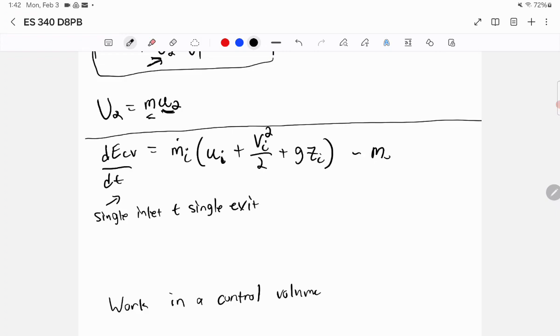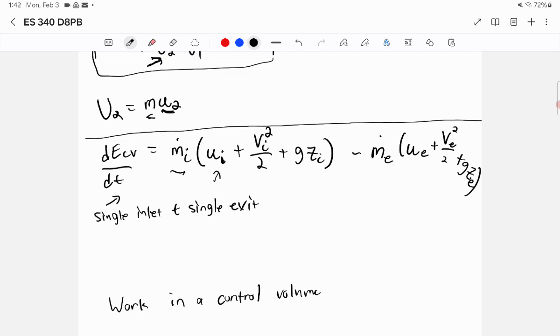Minus me dot times (ue plus ve squared over 2 plus g ze). Okay, so this is mass that's flowing at the inlet, so we're getting an input. It's going to change the internal energy because we have mass flowing in. It's going to change the velocity again because we have mass flowing in.